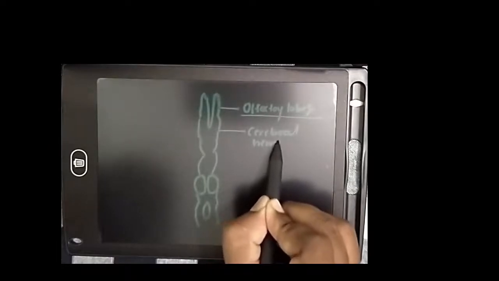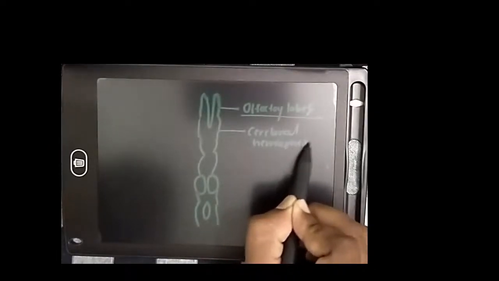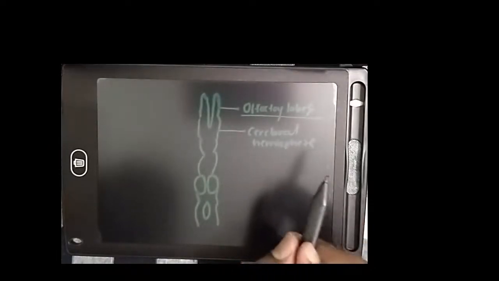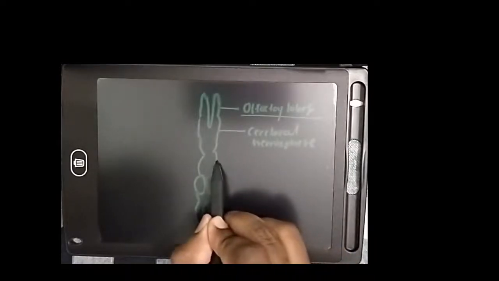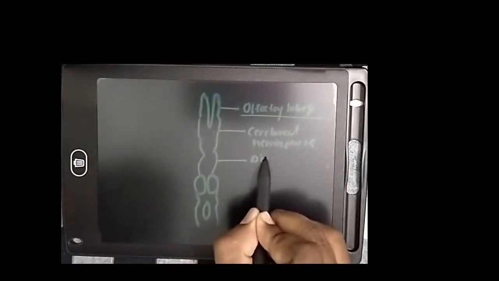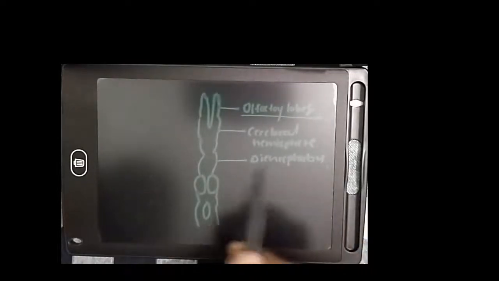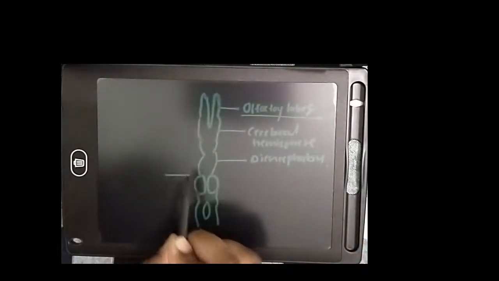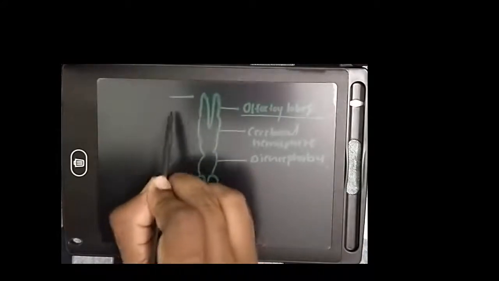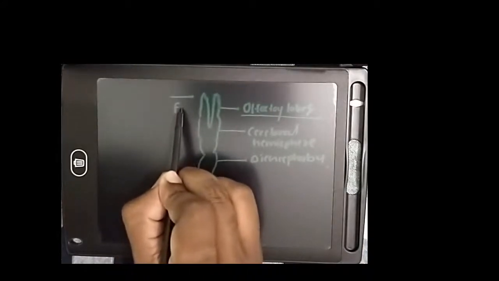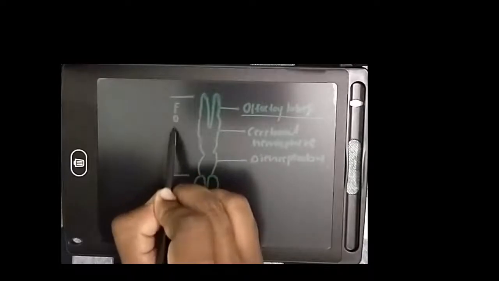This cerebral hemisphere is also structurally varied in different vertebrates. And the last region of this forebrain is the diencephalon. So from olfactory lobes to the diencephalon, this is collectively called the forebrain.